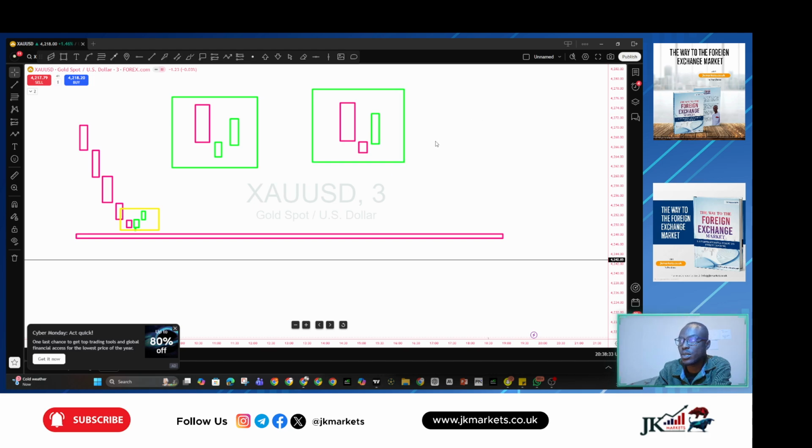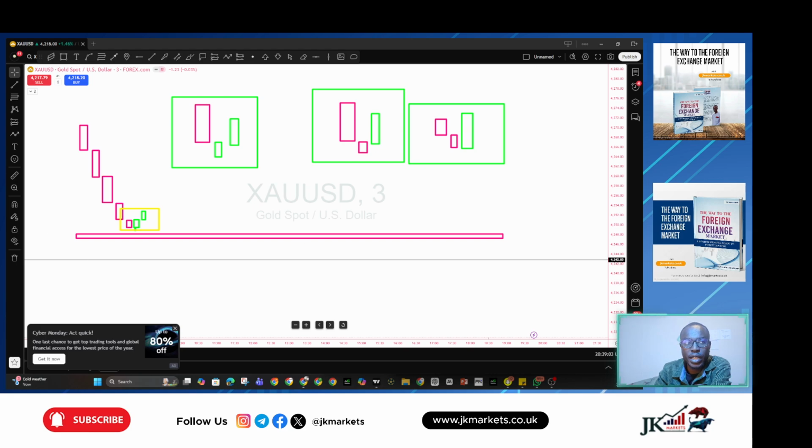It can also be a small candle like this, another small candle, and then a big candle like this. This is also a morning star. So this is a morning star candlestick.